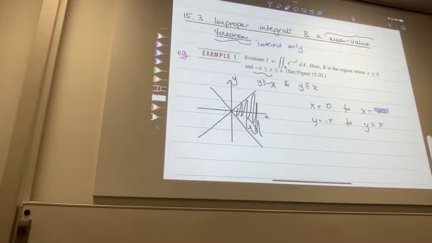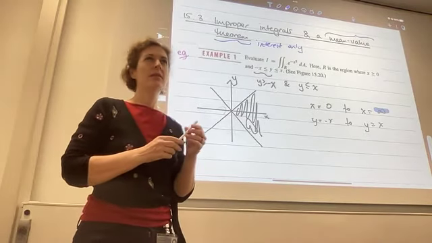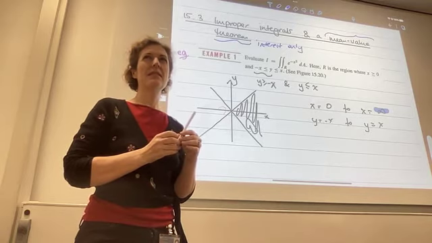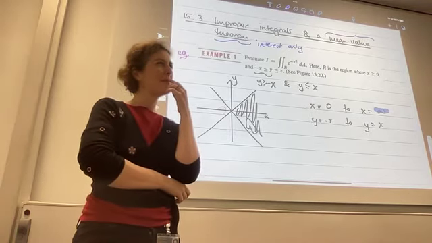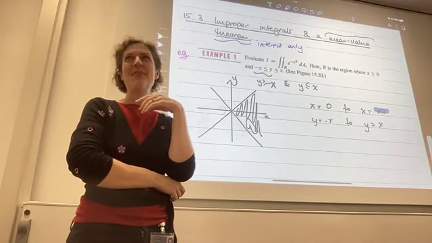In calculus 1, what did you do when you had a limit that went to infinity? You put a parameter t and then you calculate the limit as t goes to infinity. Right.